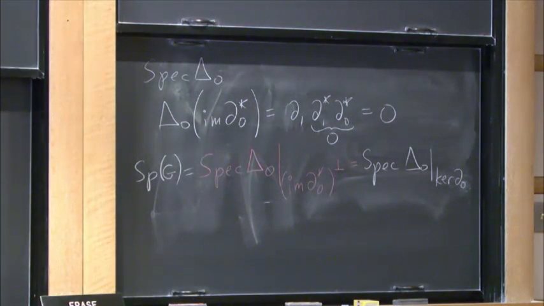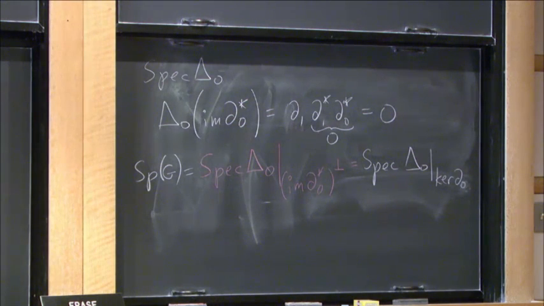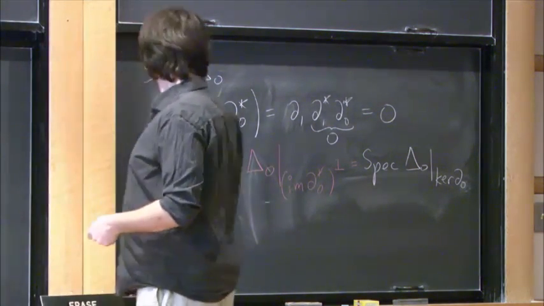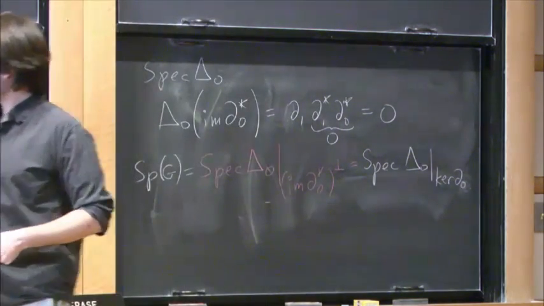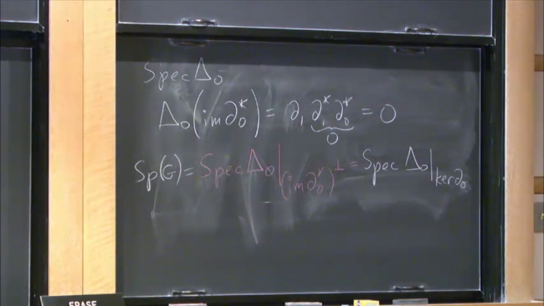And now we get to Hodge. When is 0 in the spectrum of the graph? And here is another useful fact from linear algebra.